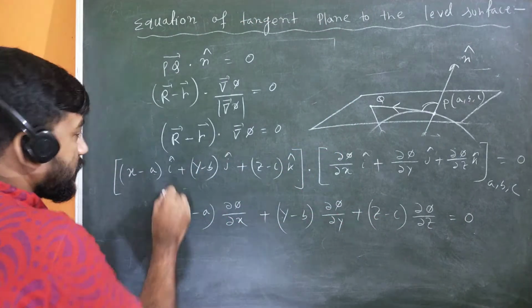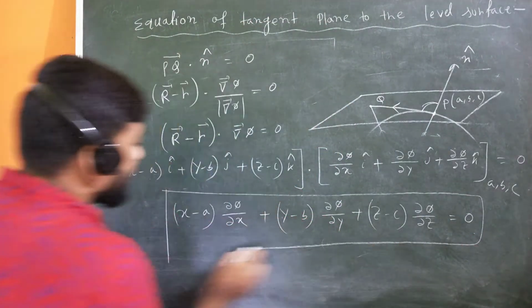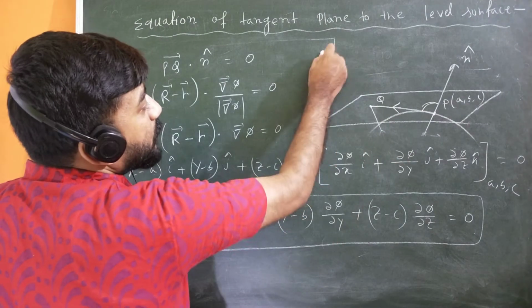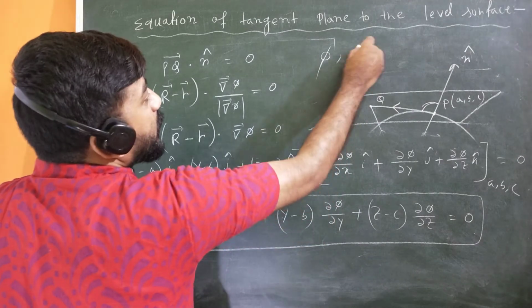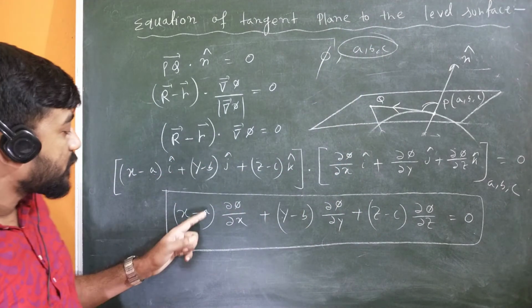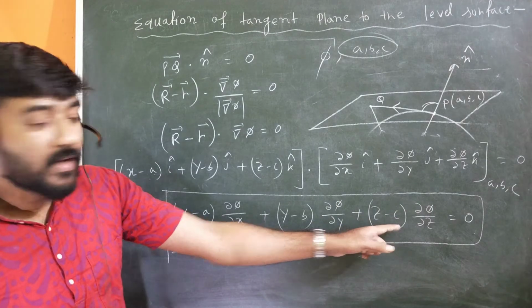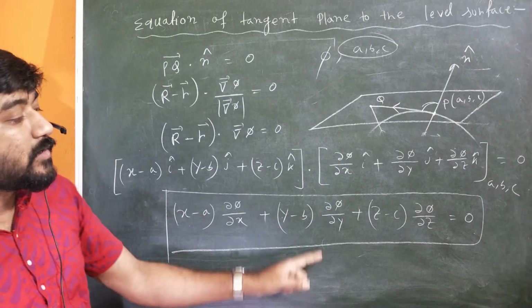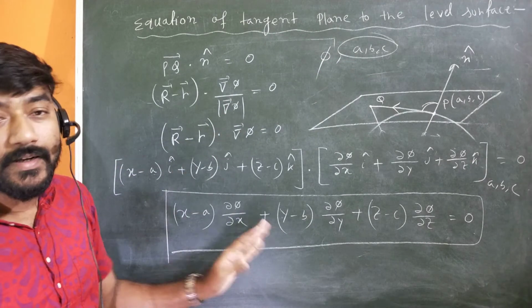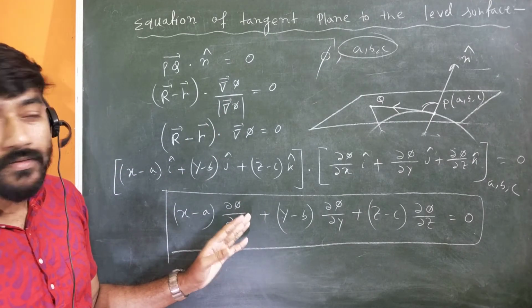This will give you directly the equation of the tangent plane. So you have phi in the problem and you have the point ABC. What you have to do is put ABC here and find del phi del x, del phi del y, del phi del z at this point ABC and put them here. You will get directly the equation of the tangent plane.